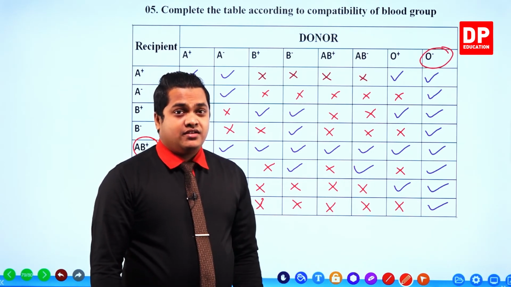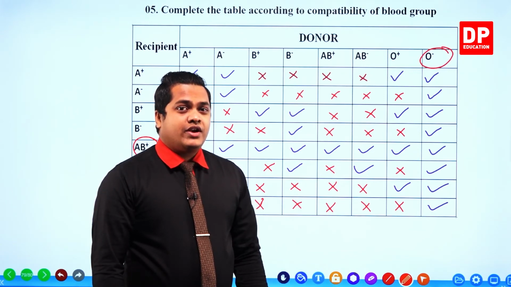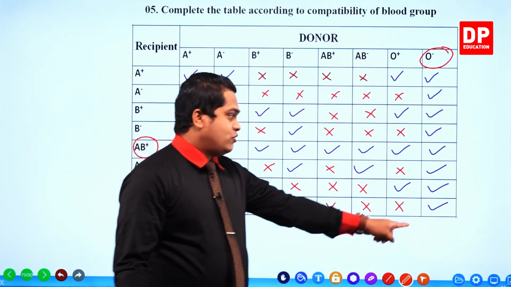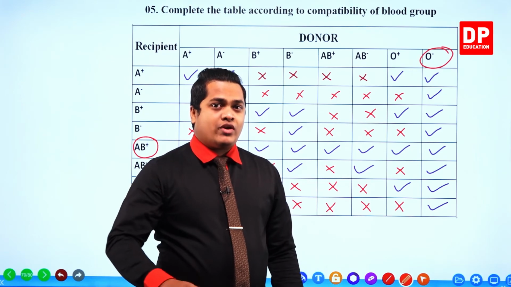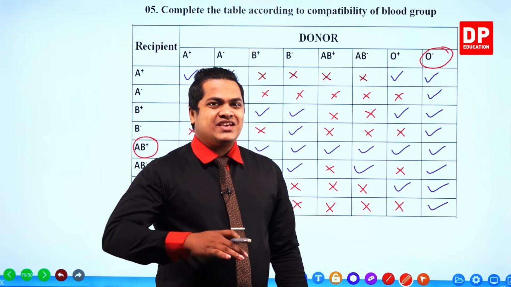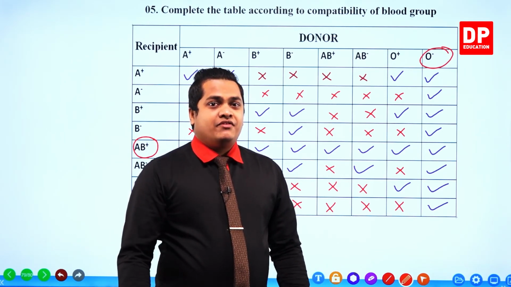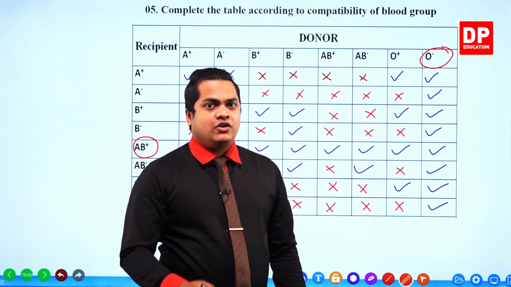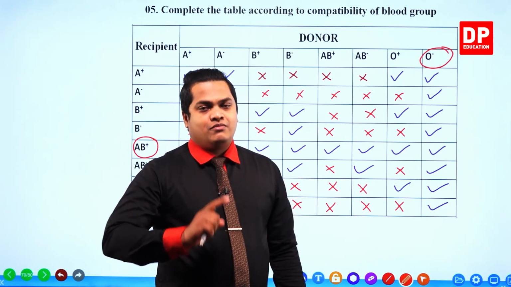On the other hand, in order to receive blood, an O minus person should find another O minus person, a very special person in the world who can donate to everyone. But however, when receiving blood, he or she has to find a person with the same O minus blood group.